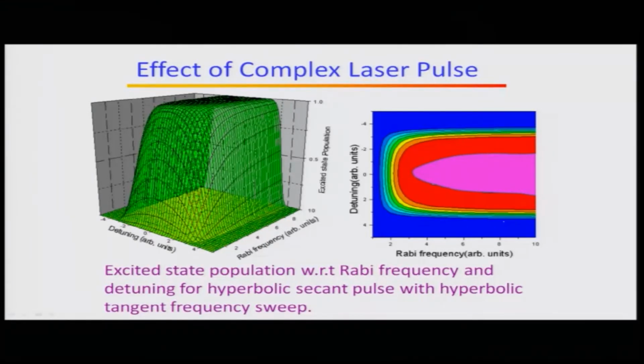This principle, where the population is looked at with respect to the applied field and the detuning, is often called the inversion profile, and the shape of the inversion profile often enables us to understand how the interaction goes.